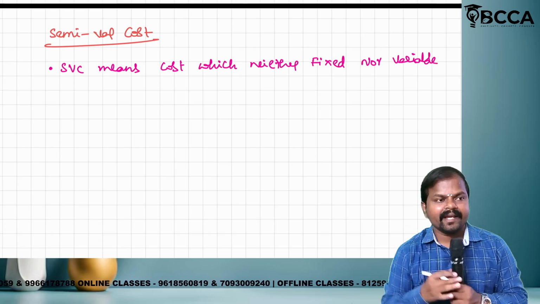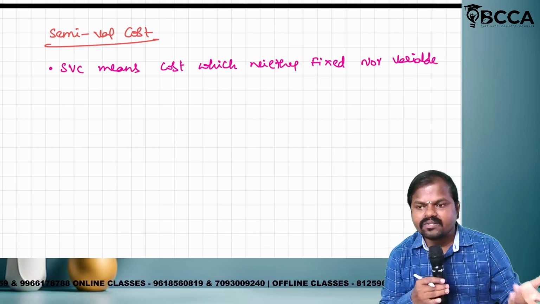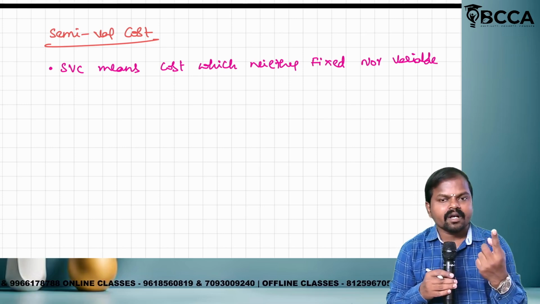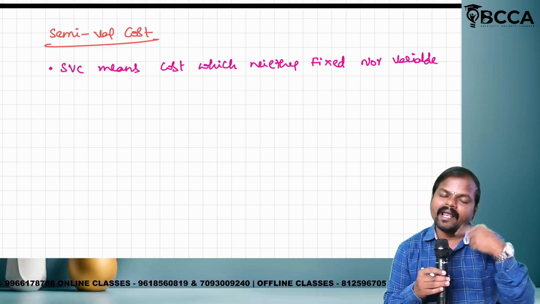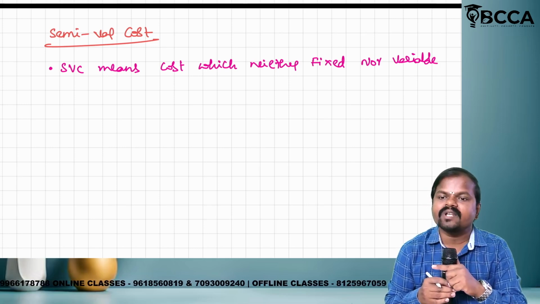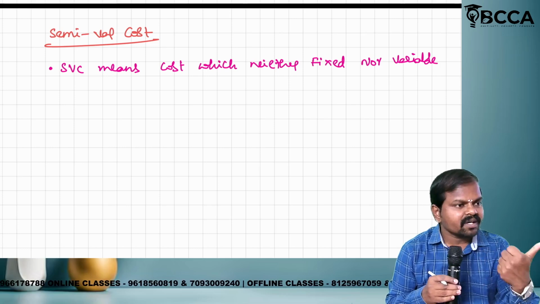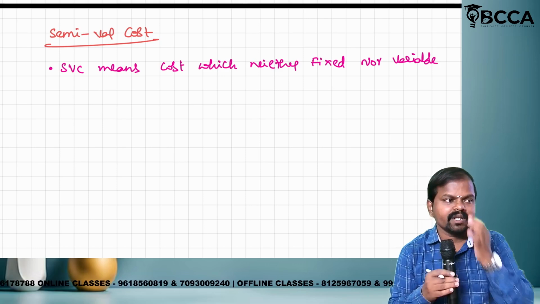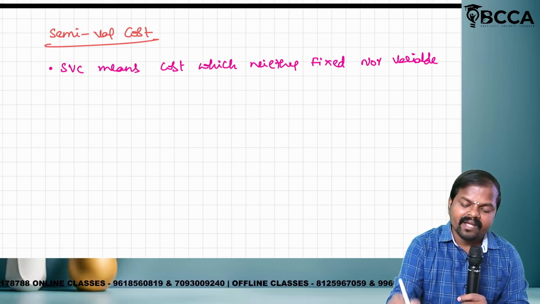It means, my dear, such cost is not fixed, such cost is not variable. I am checking, is it fixed cost? Answer is no. Again I am checking, is it variable cost? Answer is no. It's called semi-variable cost.